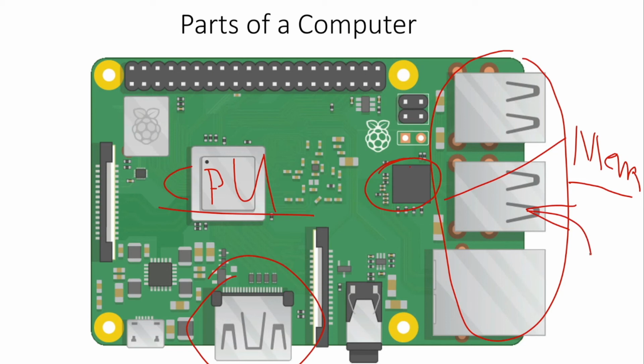And then you have another USB, and you want to connect that to a mouse, so you can give it a different kind of input. Then the computer has to do the output. So with another port, you can use it to connect the screen so that the computer can tell you things.